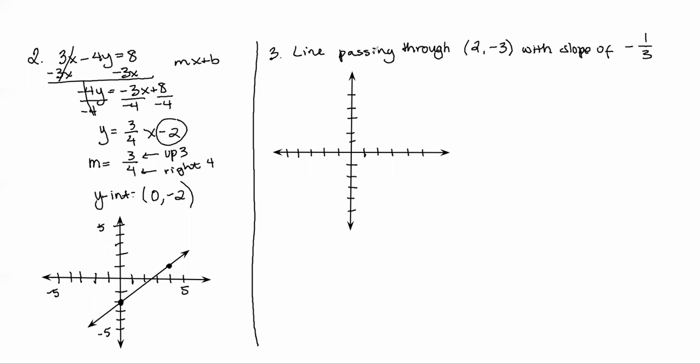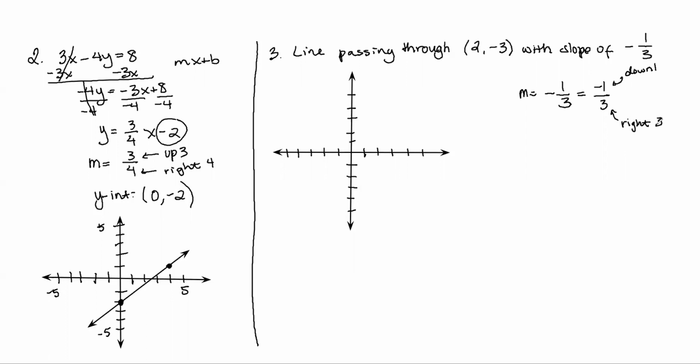So for our slope for this one, before we start graphing this point here, our slope is negative 1/3. And so remember, this negative can go on the top or the bottom, but it can't go on both because a negative over a negative is a positive. So I'm going to show you both ways. If I put it on top, we have negative 1/3. And so this is saying go down 1 because it's negative and right 3.